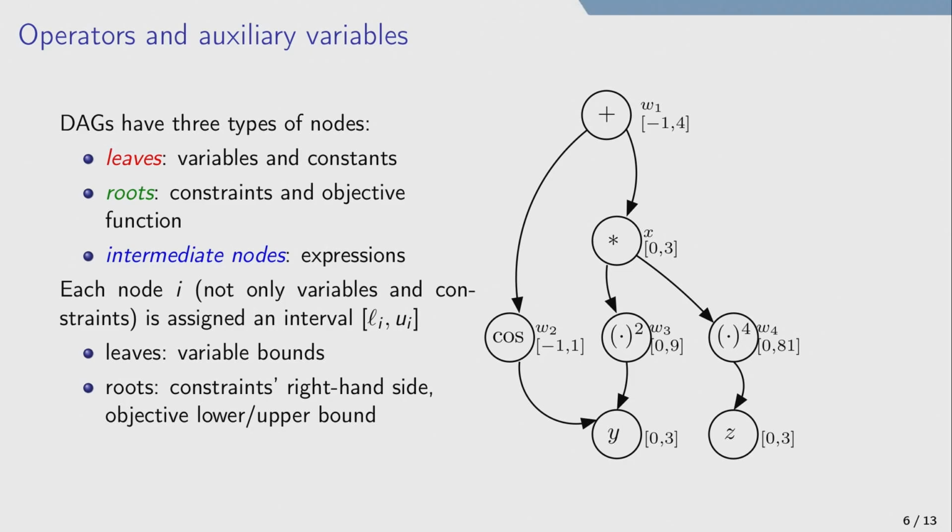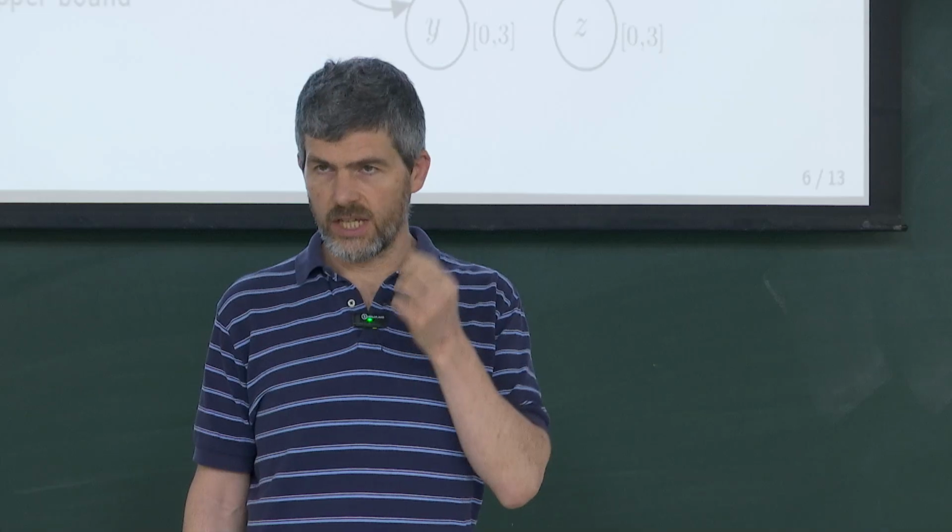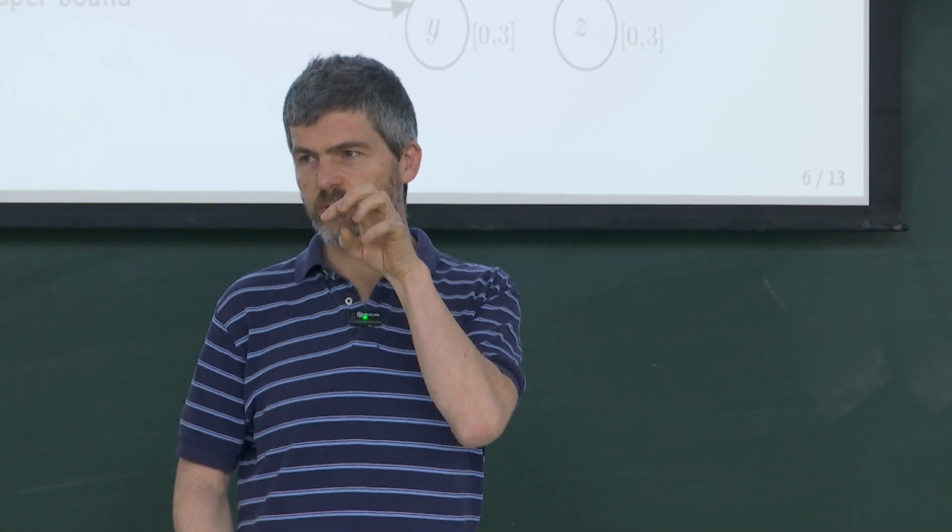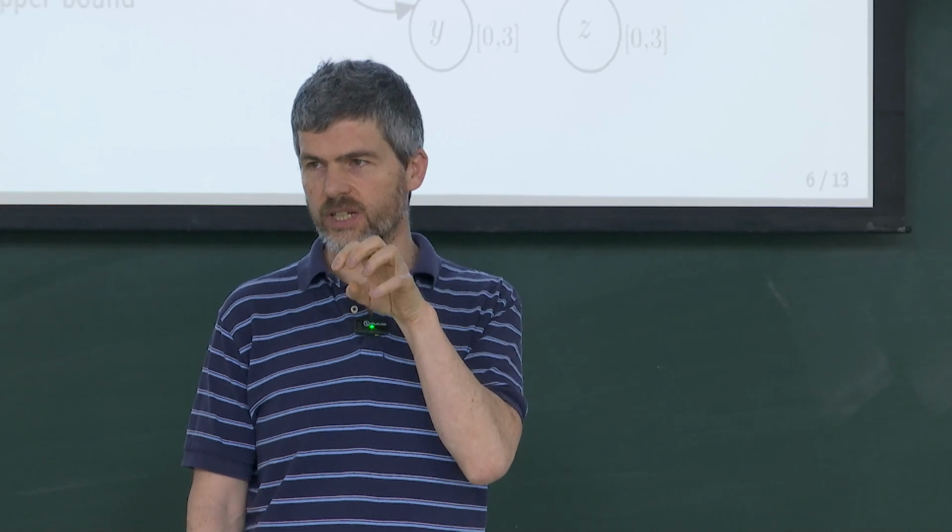And this tells us that in a DAG you have a classification of sorts of the nodes. You have leaf nodes, and those are usually, well, the constants, if you use constants in a DAG, and the original variables. Then there are the root nodes, and you have one for each constraint. Each constraint has a root node under which is its expression tree.